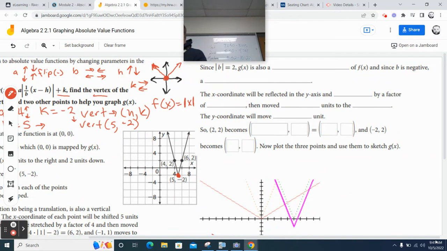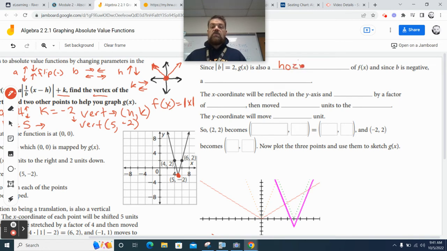It says since the absolute value of b is 2, what does that tell you? Well, what did the b thing do? Well, it's a horizontal stretch, right? So if b was a fraction from 0 to 1, that would be compression.